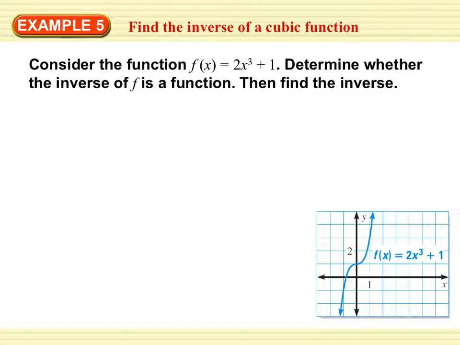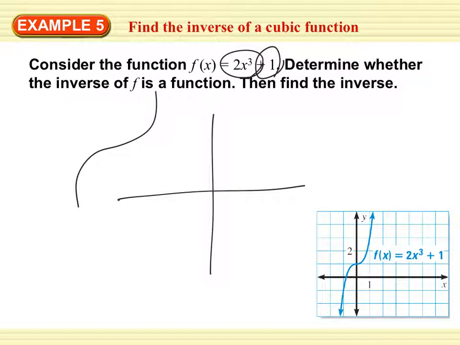So consider the function f of x equals 2x cubed plus 1. Determine whether the inverse of f is a function, then find the inverse. I know that this is a function that looks like that. This tells me it crosses the y-axis at 1. So it looks something like this. If I perform my horizontal line test, okay, I don't have to keep on graphing it, but this is what I'm going to do.